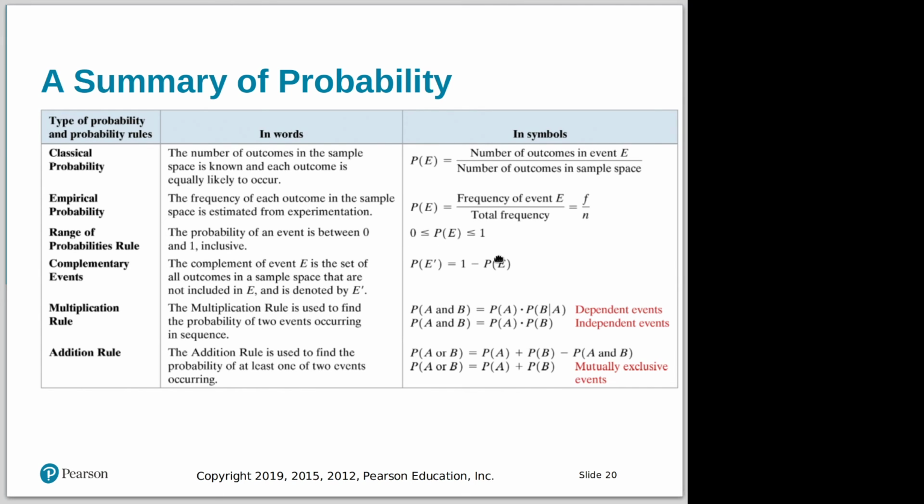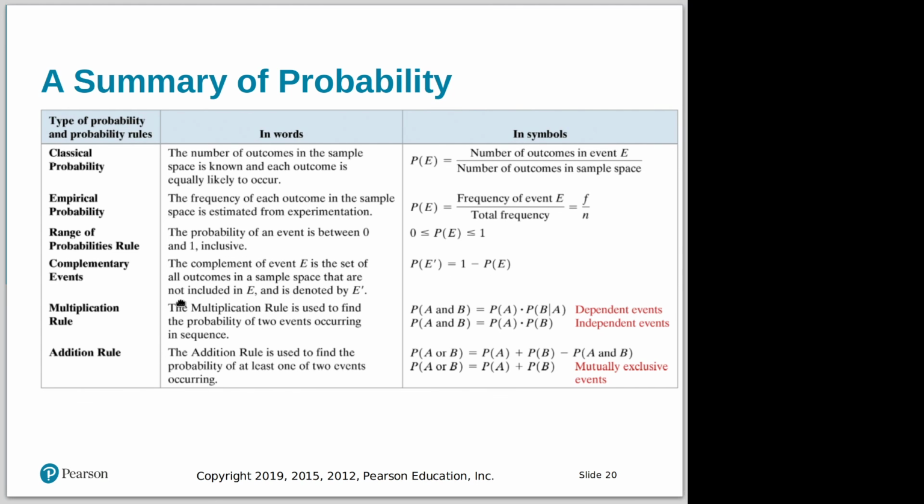Now, probabilities are trapped between 0, meaning they can't happen, and 1, they're guaranteed to happen. We have complementary events, which are events not part of our event. And so it's 1 minus our event. And of course, the probability of the event is 1 minus its complement.